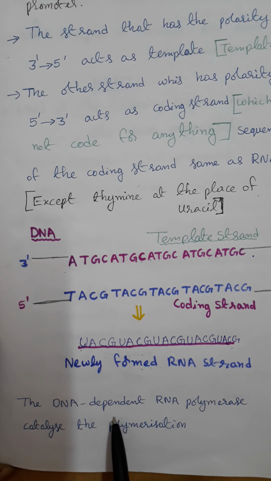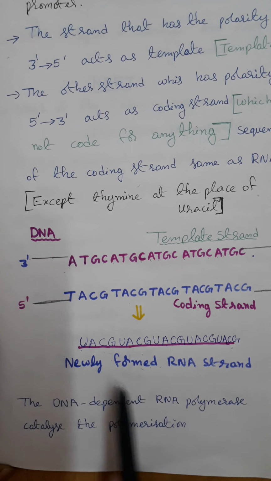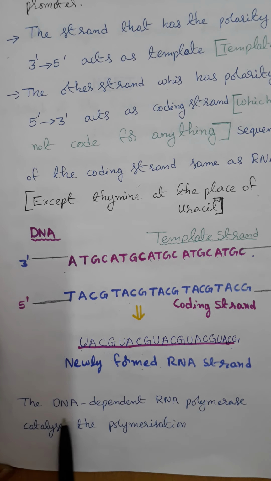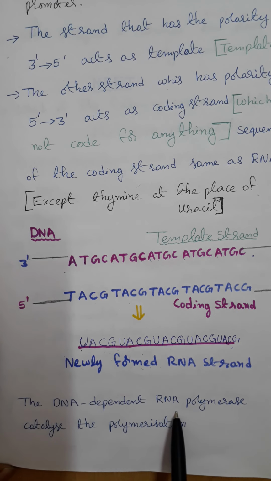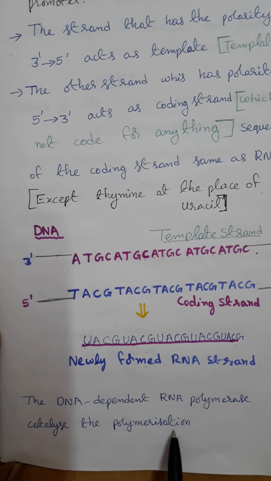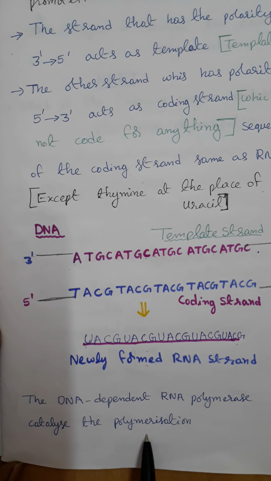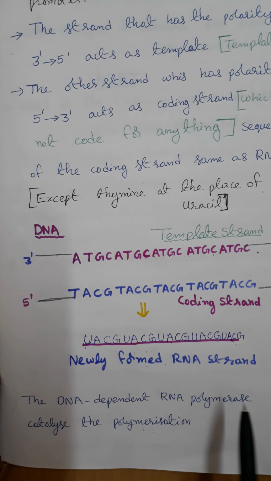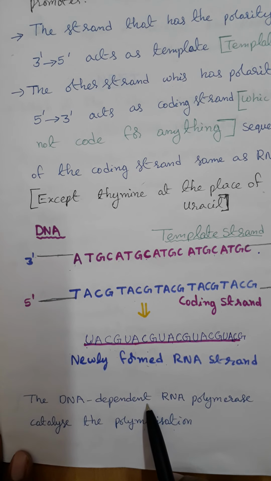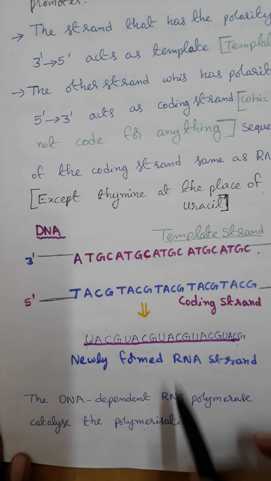Which enzyme catalyzes this polymerization, the synthesis of the RNA molecule? The DNA dependent RNA polymerase enzyme catalyzes the polymerization. Polymerization means the synthesis of a new strand or chain. This is also important from the objective point of view. Please remember both things.